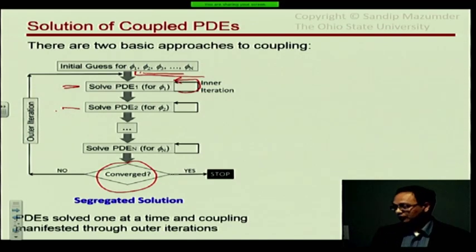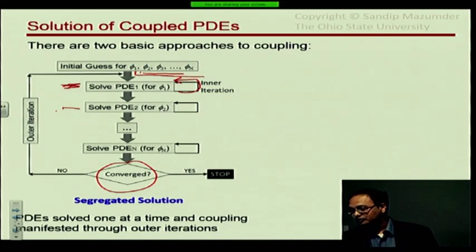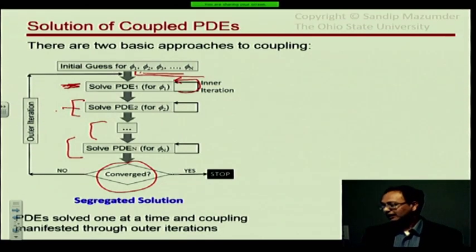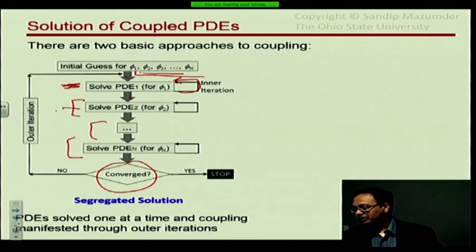Now, when you're solving for PDE 1, the solutions for the others are frozen. So when I'm solving for the U velocity, my V and W velocity and pressure are frozen. Then when I'm solving for V, I use the most updated value of U, and still old values of W and P. So at each point, some equations are more tightly converged than others.